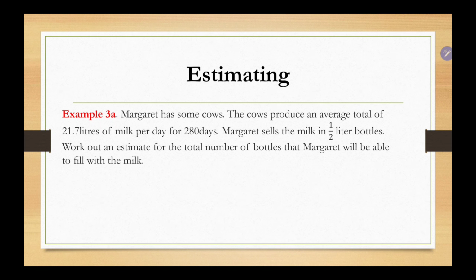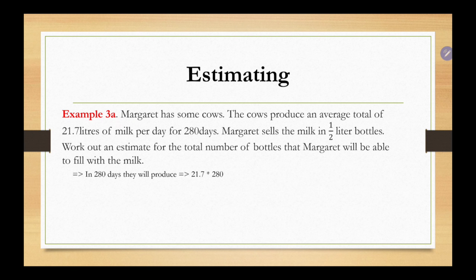The first thing we want to do is work out the amount of milk they will produce in 280 days. So we see that 21.7 liters of milk are produced per day. It means we're just going to have to multiply 21.7 by 280 to get the total amount of milk produced in the 280 days.